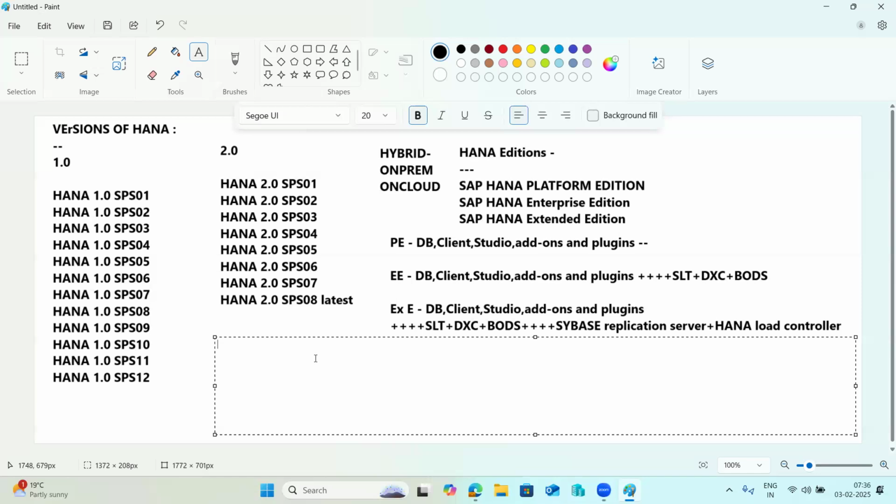Because all the data resides in memory, and Windows won't support that much memory. So only Linux operating systems will support it. That's why we will also discuss some Linux commands here.